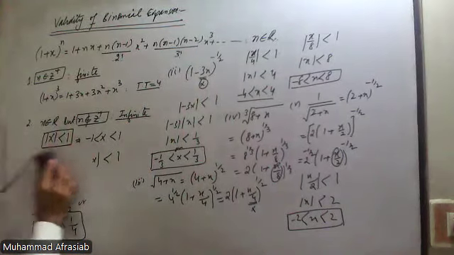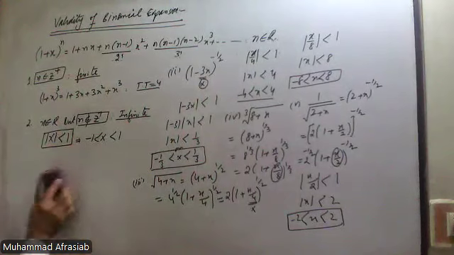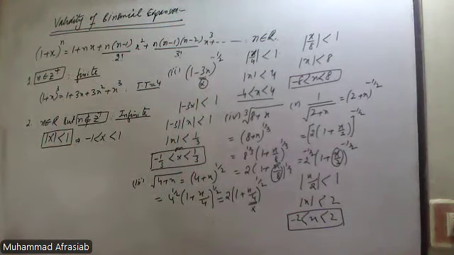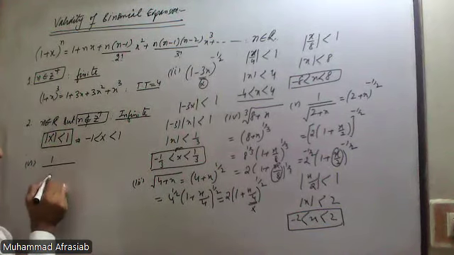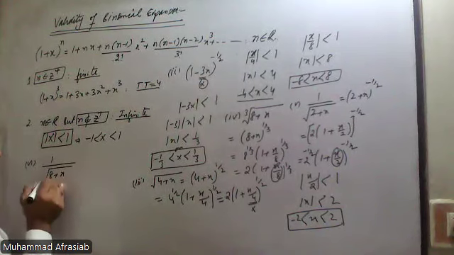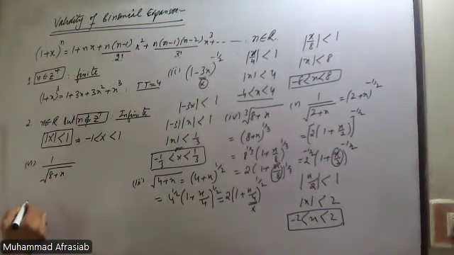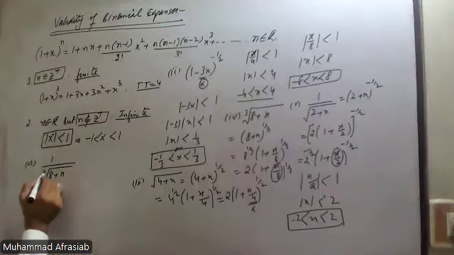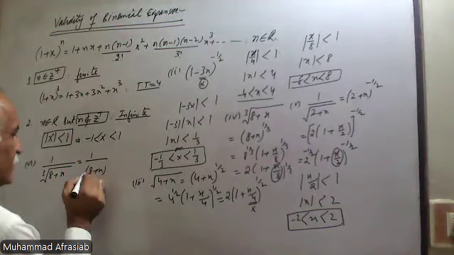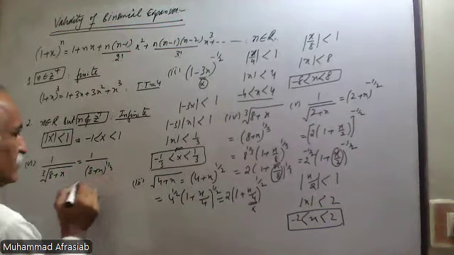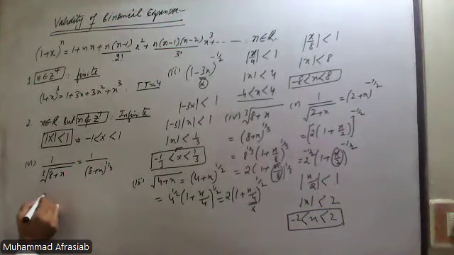Now the sixth example: 1 over the cube root of (8 + x), which can be written as 1/(8 + x)^(1/3), or (8 + x)^(−1/3).